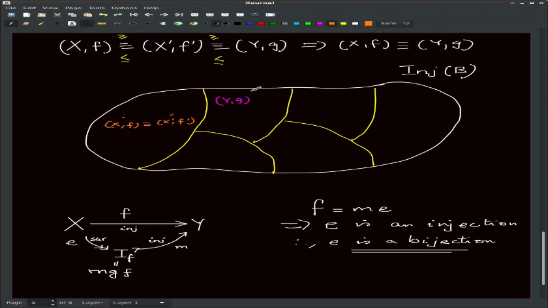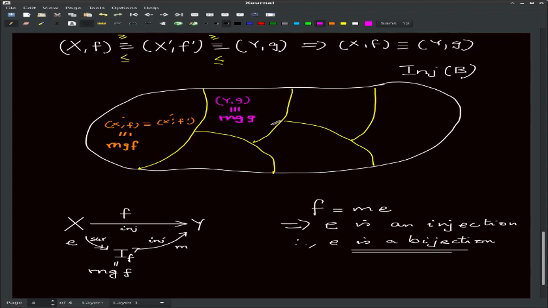So you see, each one of these is actually equivalent to a very special one. Let me make it just bold. Say, this is the special one, range of f. Over here also you have a special one, which is range of g.